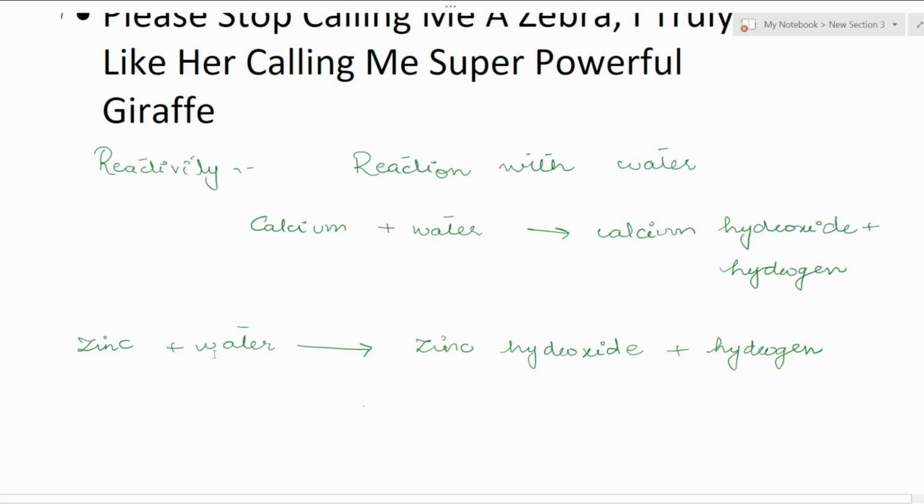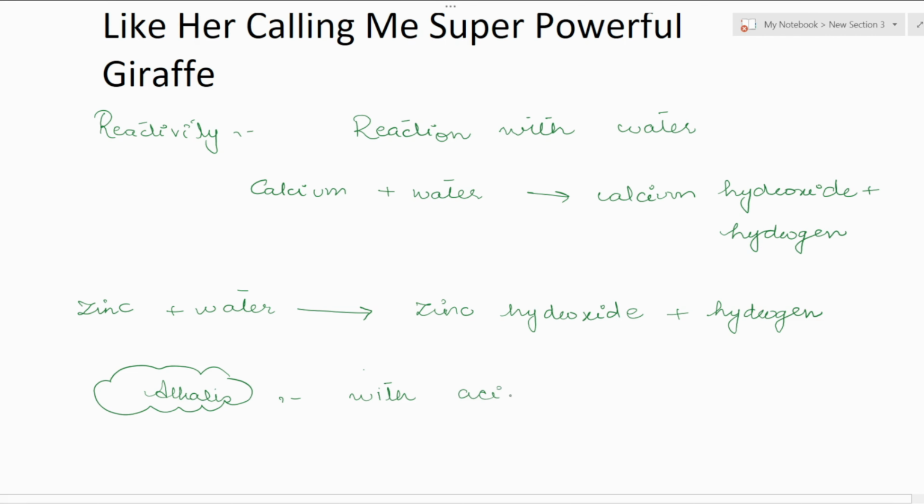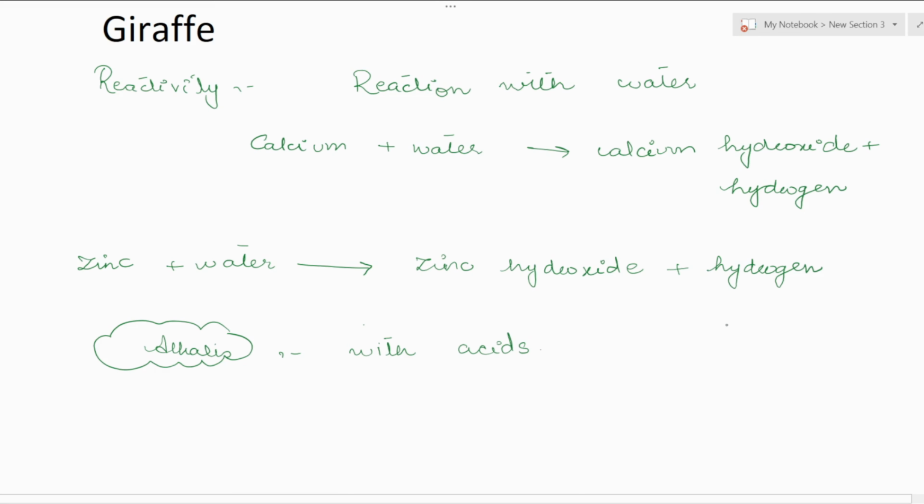First of all, we have done the reaction with water, and because they are alkalis, they would react with acids. The reaction of an alkali and an acid is known as neutralization. This is another term that you must know.